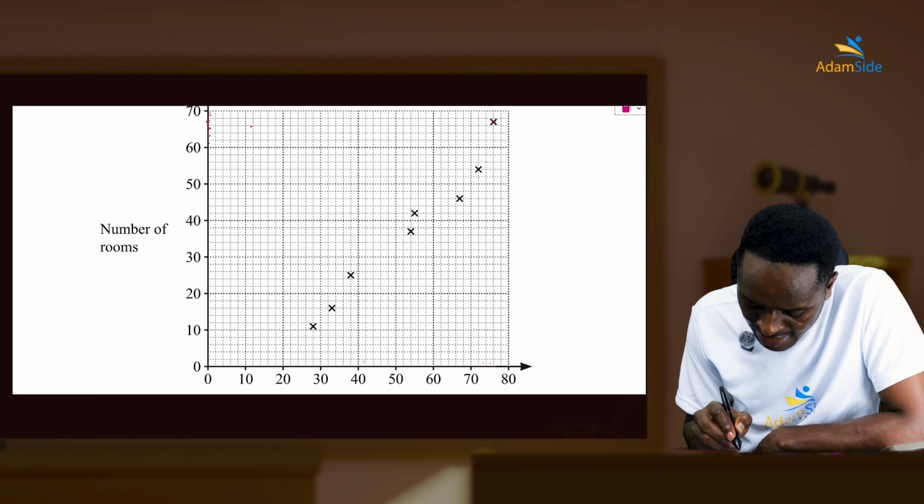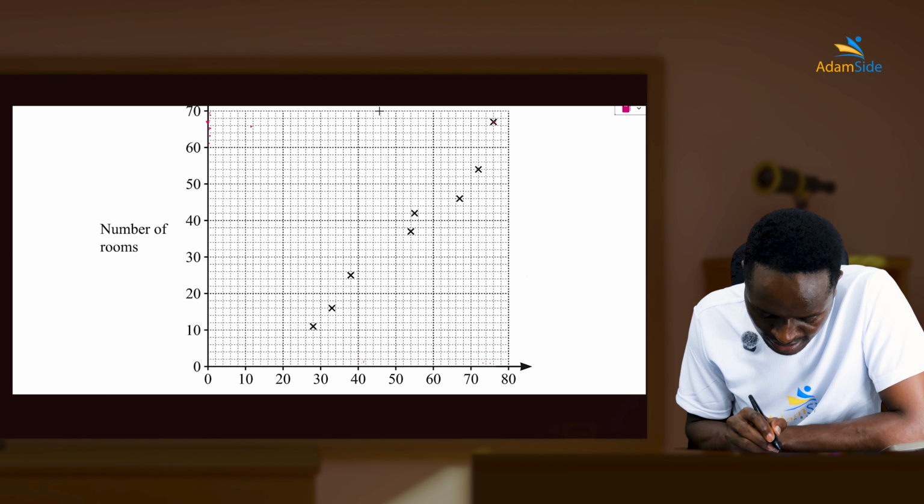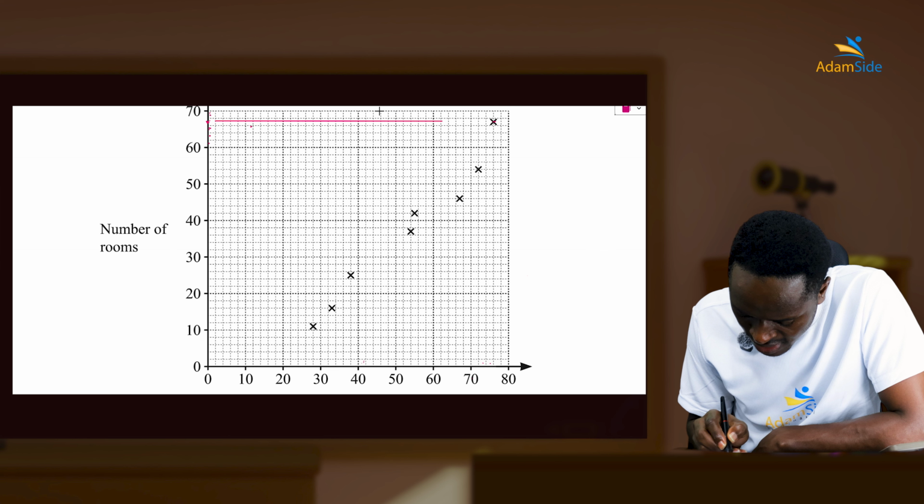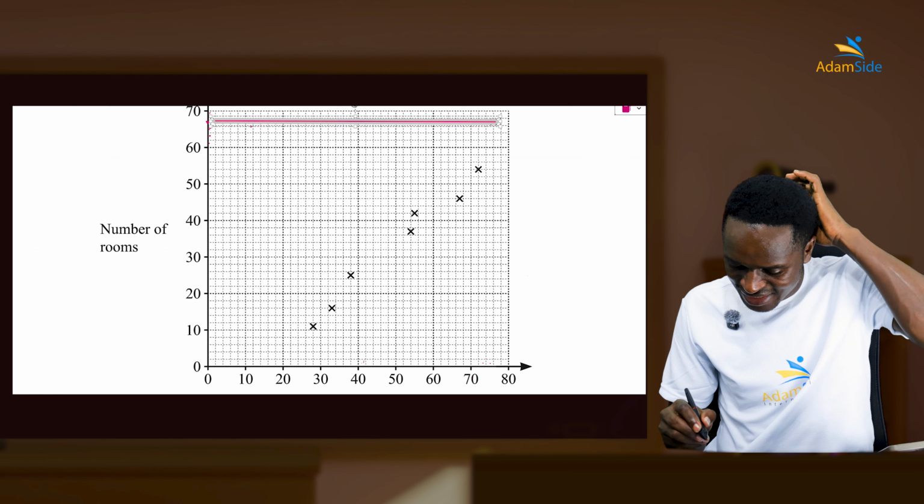Let's draw a line that takes us from the center, 1, 2, 3, then at the center here. 67, where does it go? It goes up to there. Perfect.